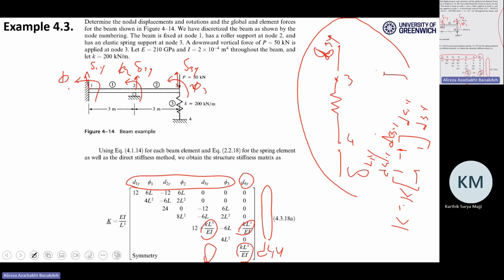When you have your 6 by 6, it is clear how to assemble, isn't it? Because you have two elements, two individual 4 by 4 matrices for the beam elements. You put them in the right place. But after that, the spring comes into the calculation.